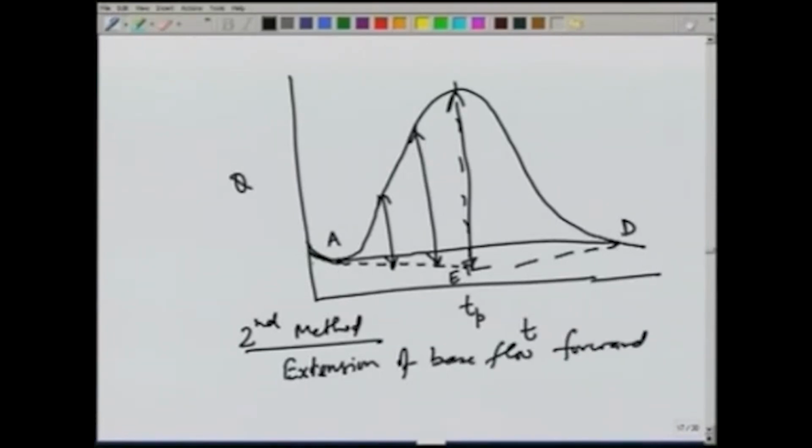So, from A we have extended it till the peak and then joined E and D with a straight line. The third method is the one in which we extend the base flow backwards from D.